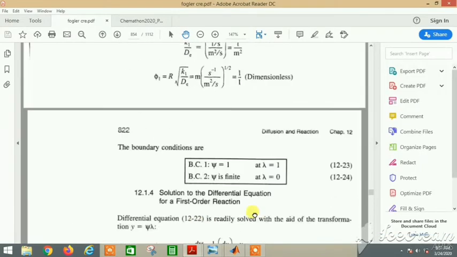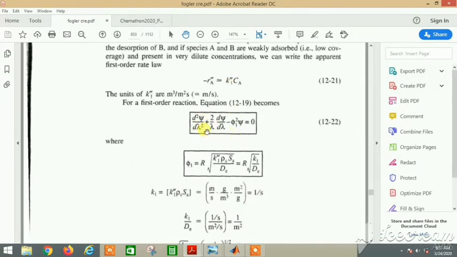The second thing here might be a little confusing, so let's move on to this equation. Here you see that if you put the rest to the right hand side, because we want the second derivative, then it is minus 2 by lambda d psi by d lambda plus psi into the modulus square.